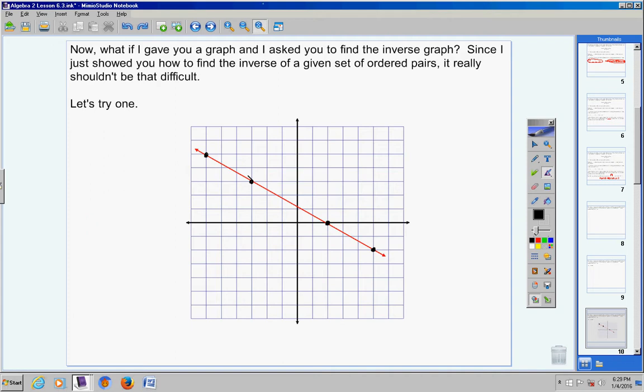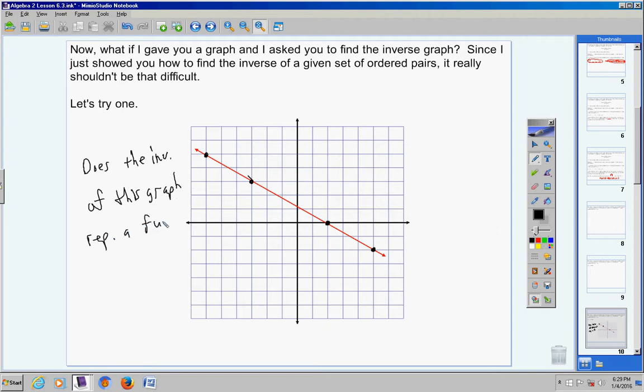You would say, yes, Mr. Earhart, the vertical line test passes everywhere we draw a vertical line. It only crosses the graph in one place, fine. But then what if I asked you this? What if I said, does the inverse of this graph represent a function?